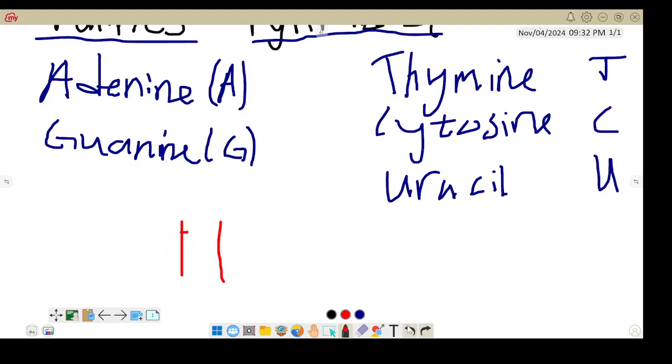So that's what we want to talk about, the base pairing of these nitrogenous bases. We'll start with adenine and thymine. It's basically the complementary base pairs, so we have to know which one complements what.